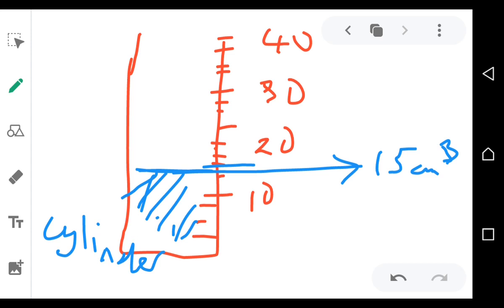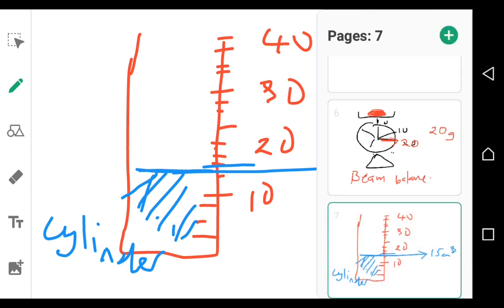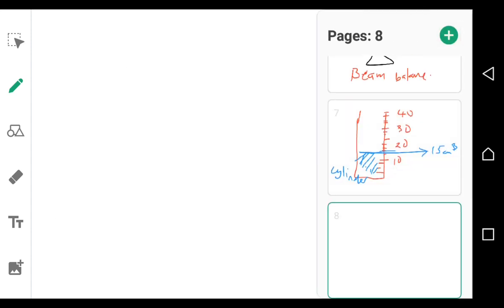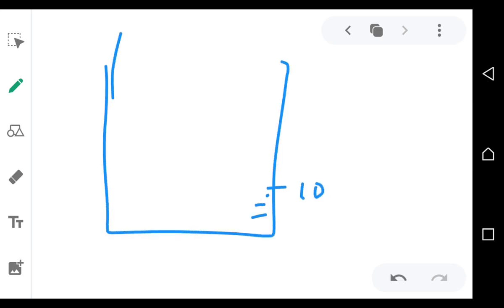Before the stone is put in, the water level is just at 15. Then you drop a stone in there. When you drop the stone, the water level increases. It's the same water. This is 10, 20, 30, 40.